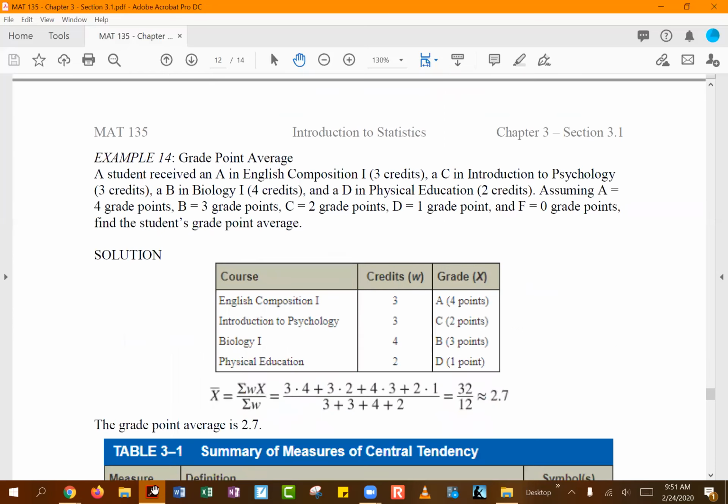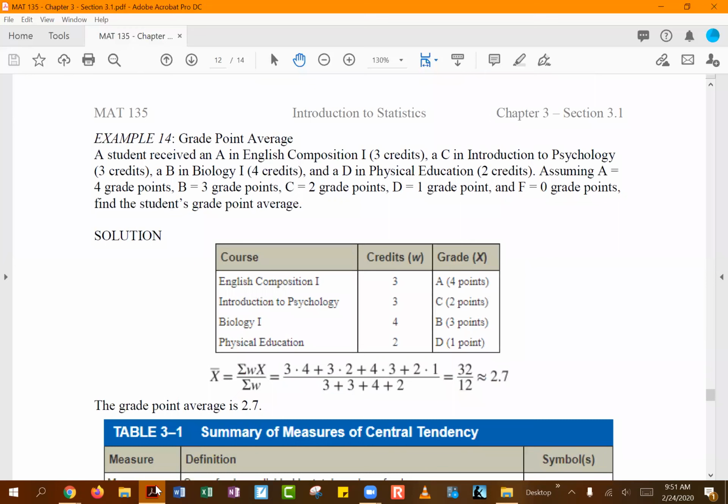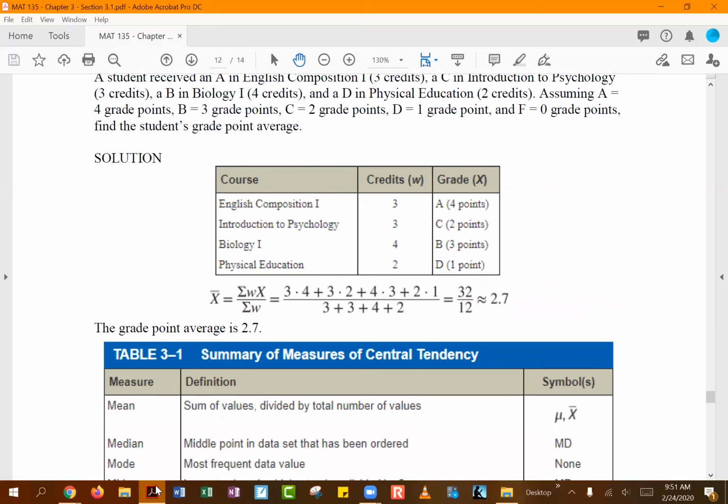So here they're telling us a student received an A in English Comp, which was 3 credit hours, a C in Intro to Psychology, which is also 3 credit hours, a B in Biology, which is 4, and a D in Physical Education, which was only 2 credit hours. Of course, we use A as 4 grade points, B as 3, C as 2, D as 1, and F would be a 0.